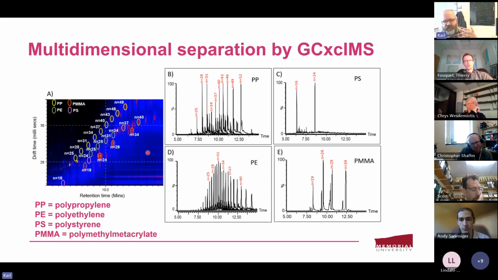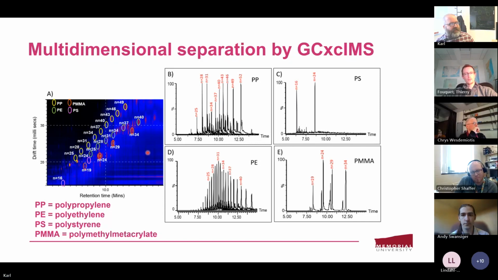I sort of got the impression that they don't need abundant pyrolysis product that has up to 30 or 40 carbon atoms. I sort of got the impression that it was skewed more towards lower molecular weight. So that could be a result of the ionization.